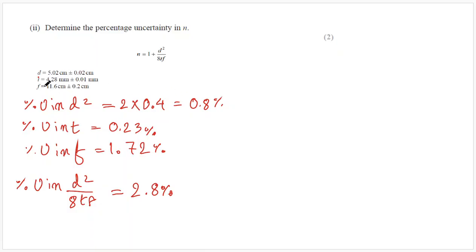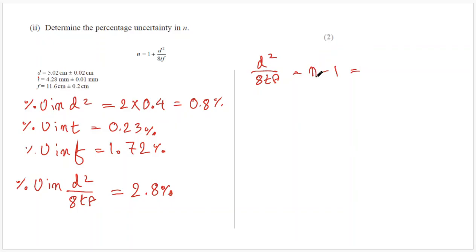We are just halfway there. This is, like I said, one of the lengthiest 2-mark questions ever. Then, let's find out the value of d squared by 8tf. D squared by 8tf would be, you take 1 on the other side, that is n minus 1.